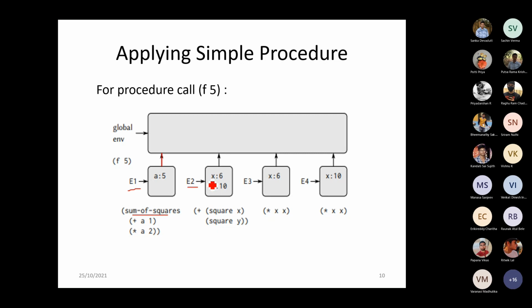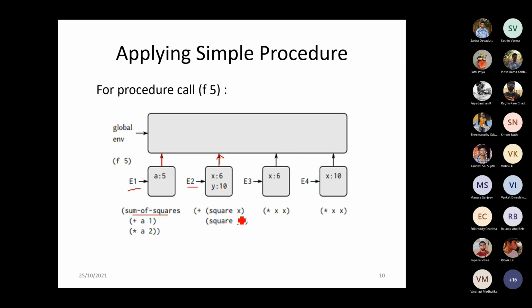To access the procedure, as well as what has to happen once the procedure is done, all of that will be done with this interface, that is this pointer, pointing to the global environment itself.